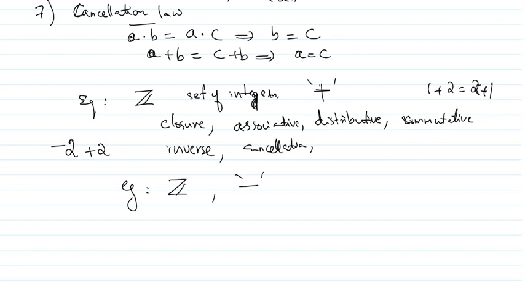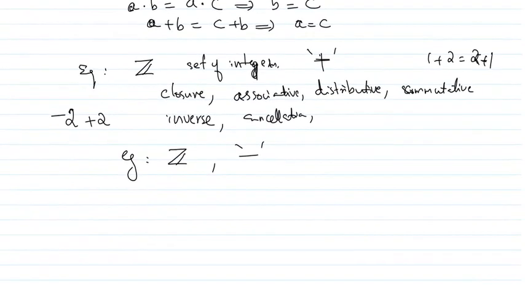We have to apply the operation, and the result belongs to Z. So closure property is satisfied. Is it associative? Associative means we have to consider 3 elements, for example 1, minus 2 and 3.